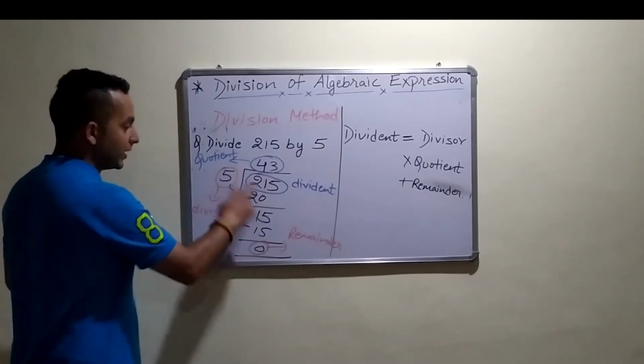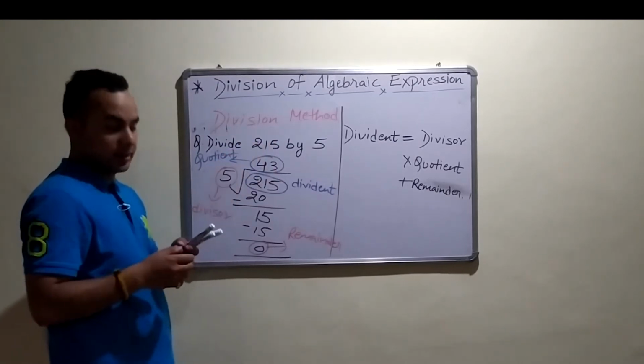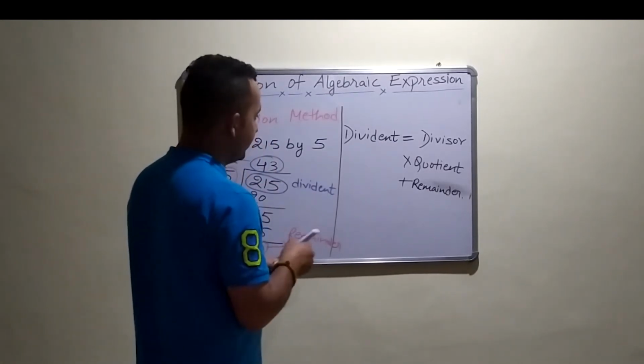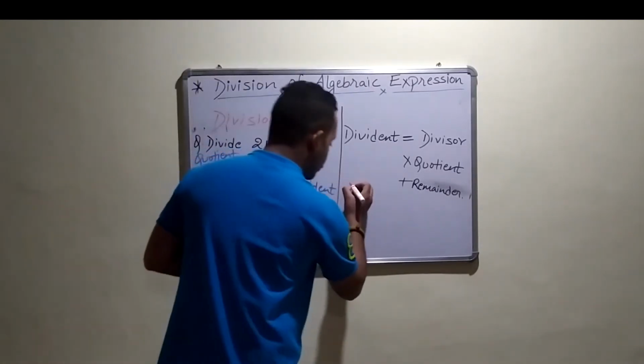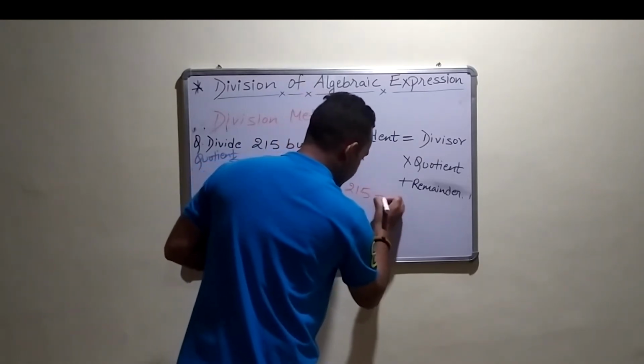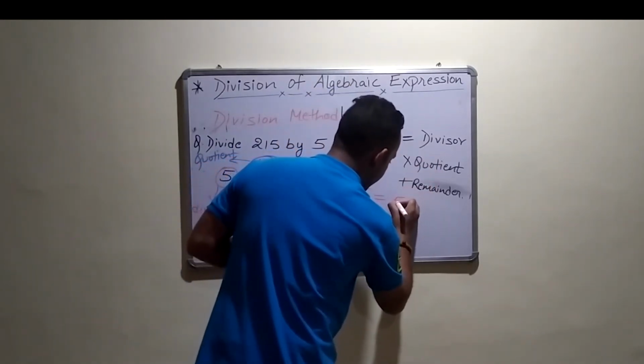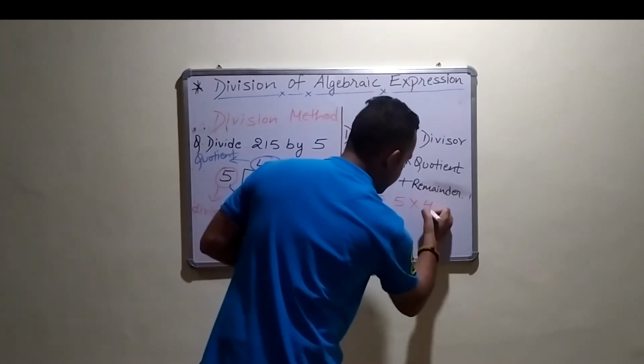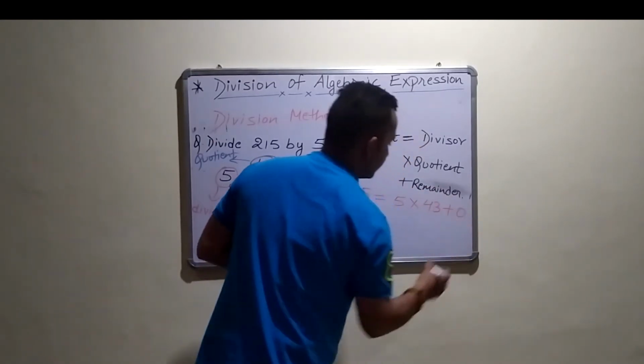Now I'm going to substitute all these numbers in this formula. In place of dividend, I will substitute 215. In place of divisor, I will substitute 5. In place of quotient, I will substitute 43. And in place of remainder, I will substitute 0.